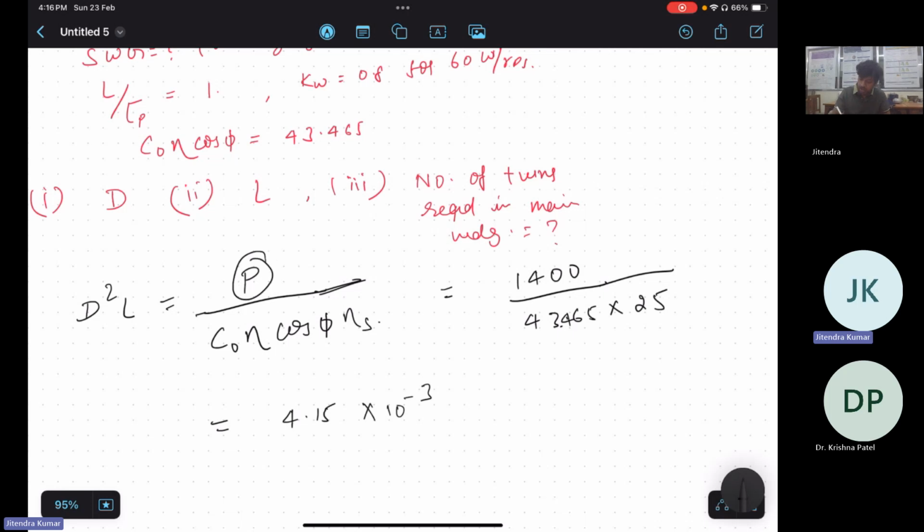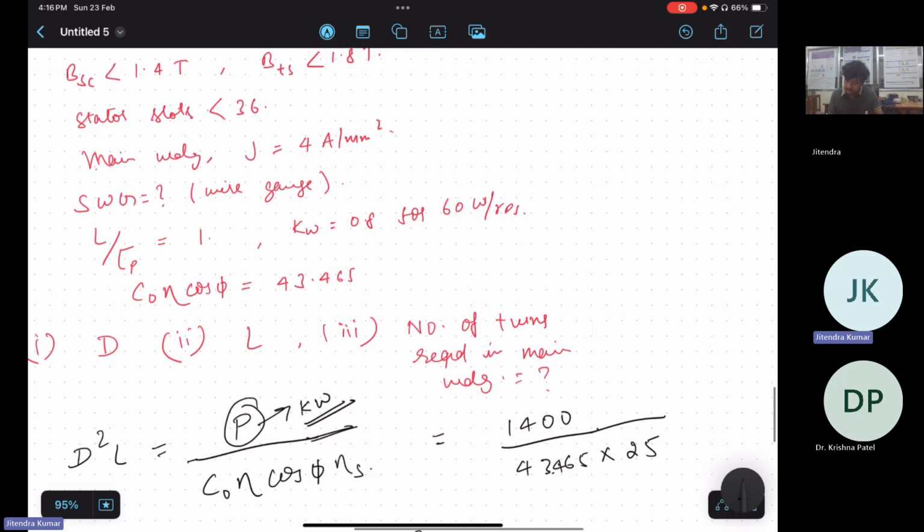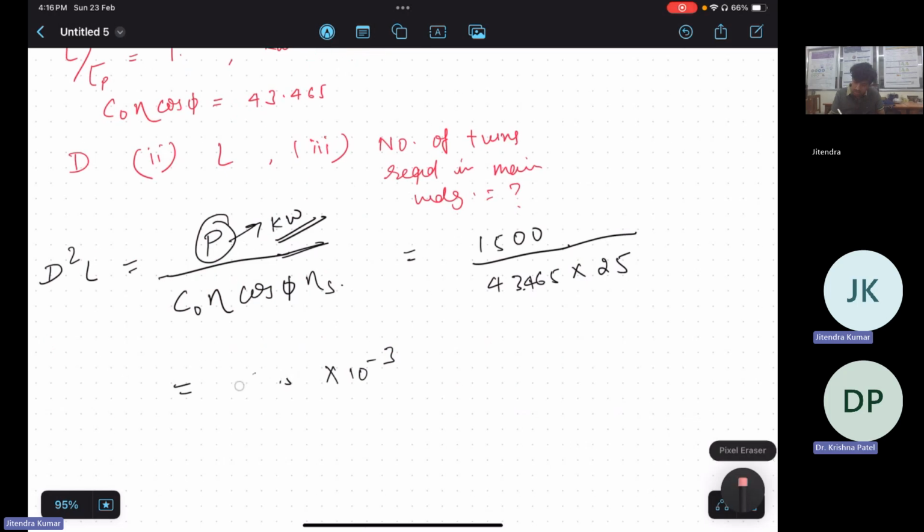Because here power is written in terms of kilowatt.